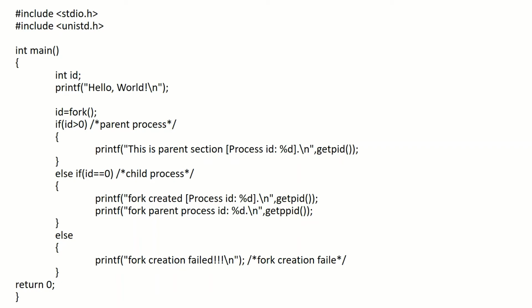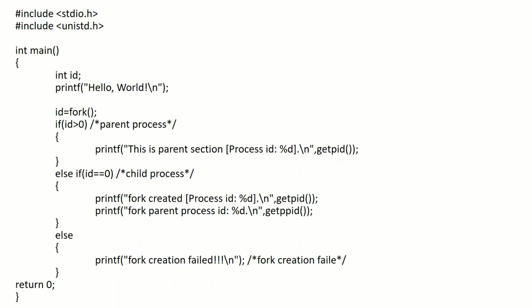For that we use getppid, so the parent ID value is printed. This child process started from this parent ID. If the ID value assigned from fork is greater than 0, the parent process ID is displayed; otherwise the child process information is displayed.